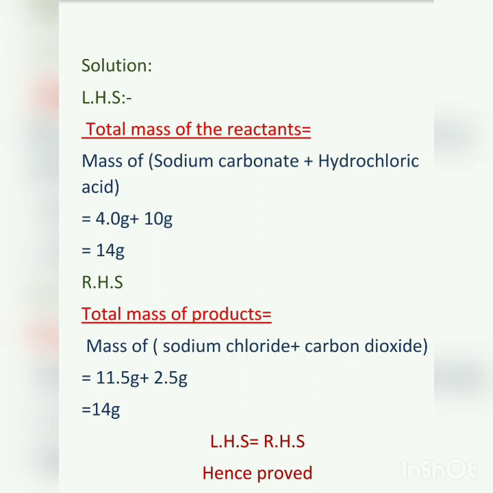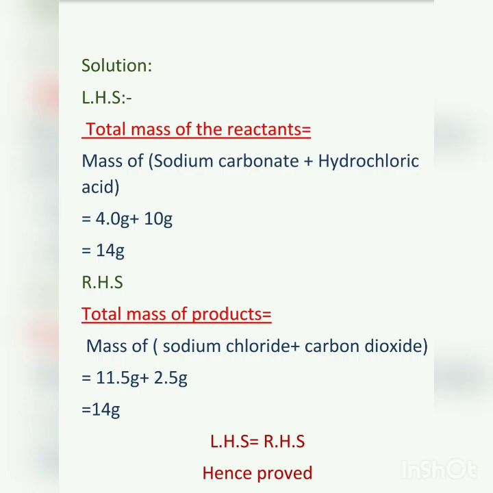The mass of sodium chloride is 11.5 and the mass of carbon dioxide is 2.5. So when we add these two masses, we'll get 14 grams. So here we have already proved that the left hand side, that is the mass of the reactants, is always equal to the mass of products. Through this question also we have proved this law.